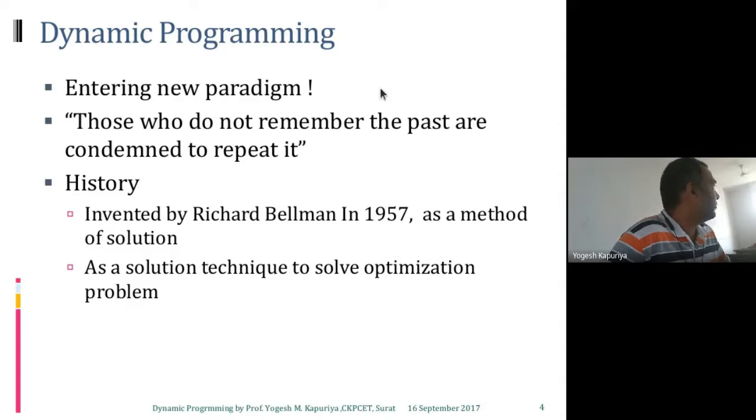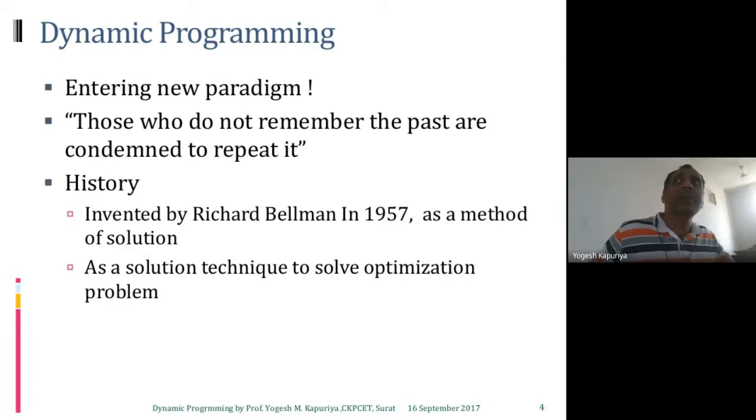So basically, this technique tries to remember the past by some mechanism. That mechanism we will understand, but unlike the greedy algorithm, where we do not consider the past outcomes, we only focus on the present situation.